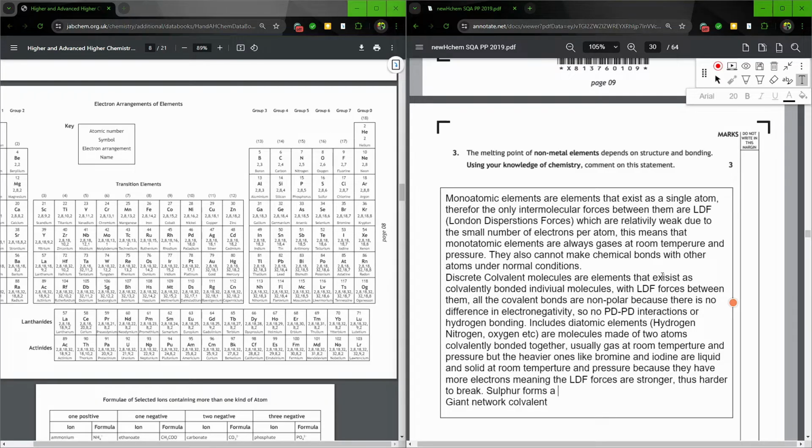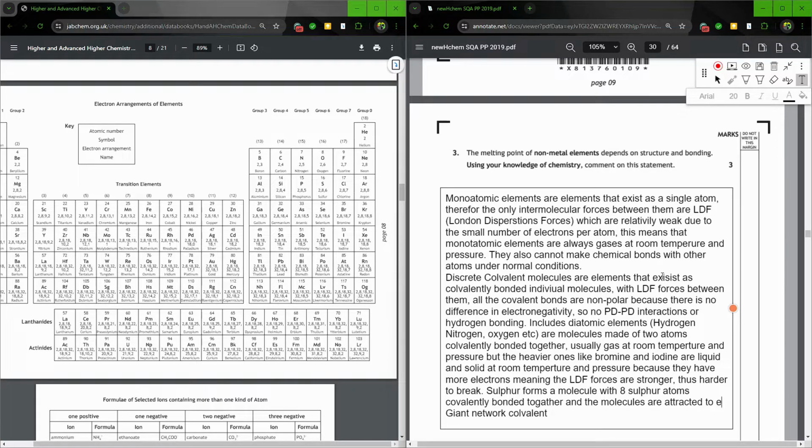Sulfur forms a molecule with 8 sulfur atoms covalently bonded together. And the molecules are attracted to each other via LDF.